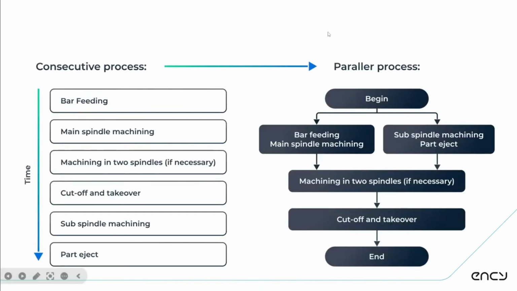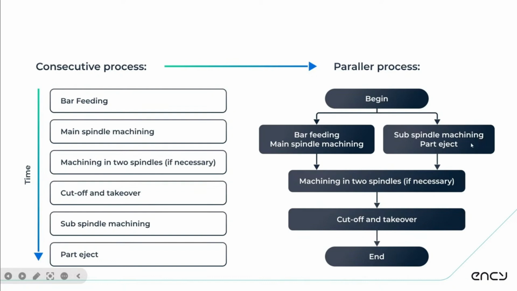So from the consecutive process that could be defined like that, from bar feeding to main spindle machining, then could be some machining in both spindles, then cut off and second part of the machining, we have transferred or converted that one to the real parallel programming.